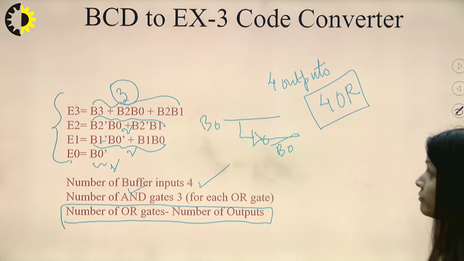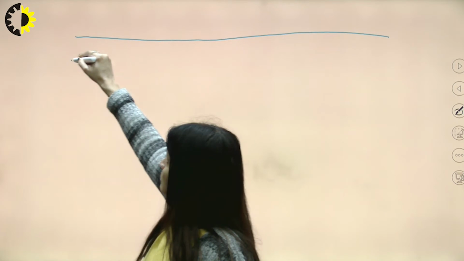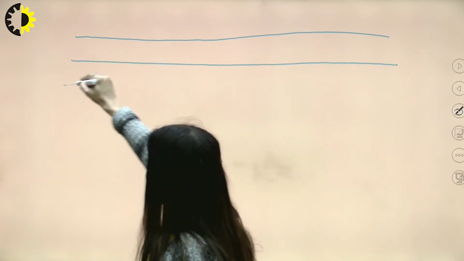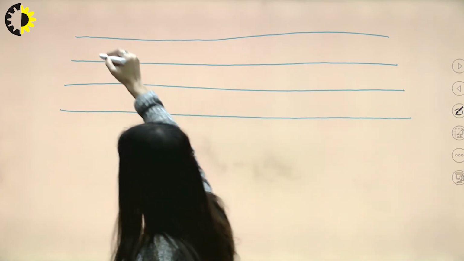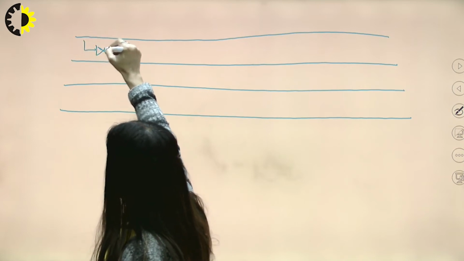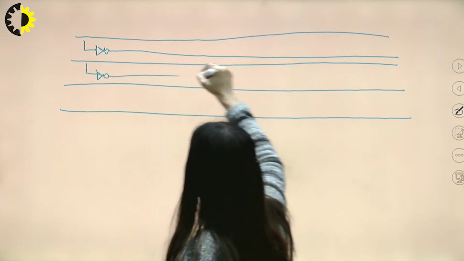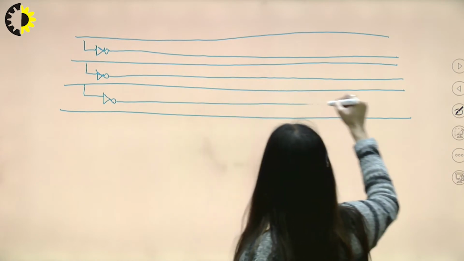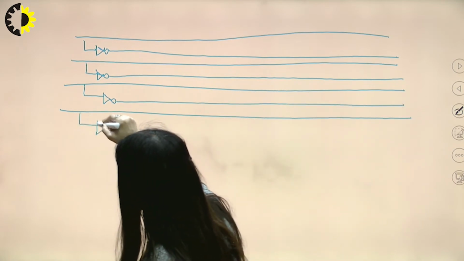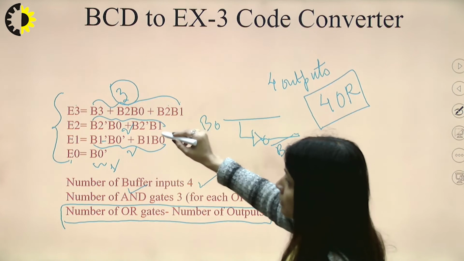So what we can do is, first of all, we will make the buffer inputs. Inputs are B0, B1, B2, B3.